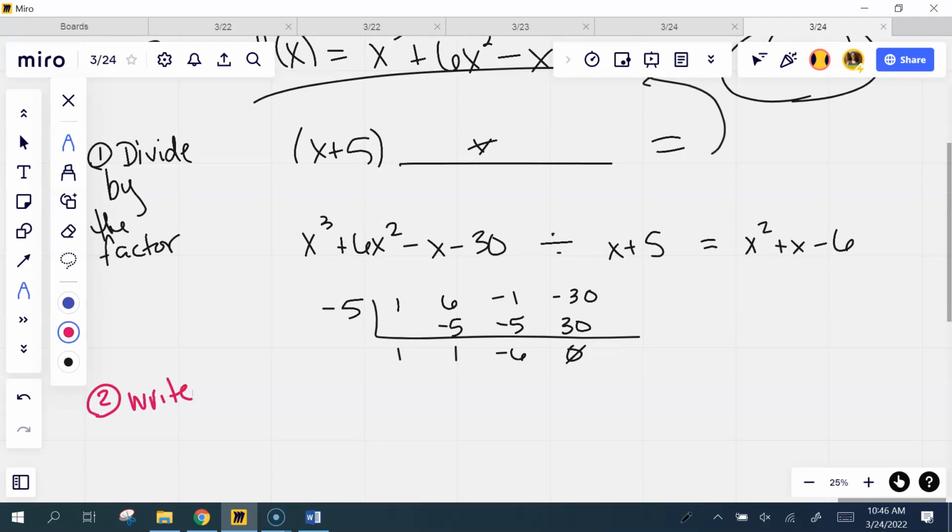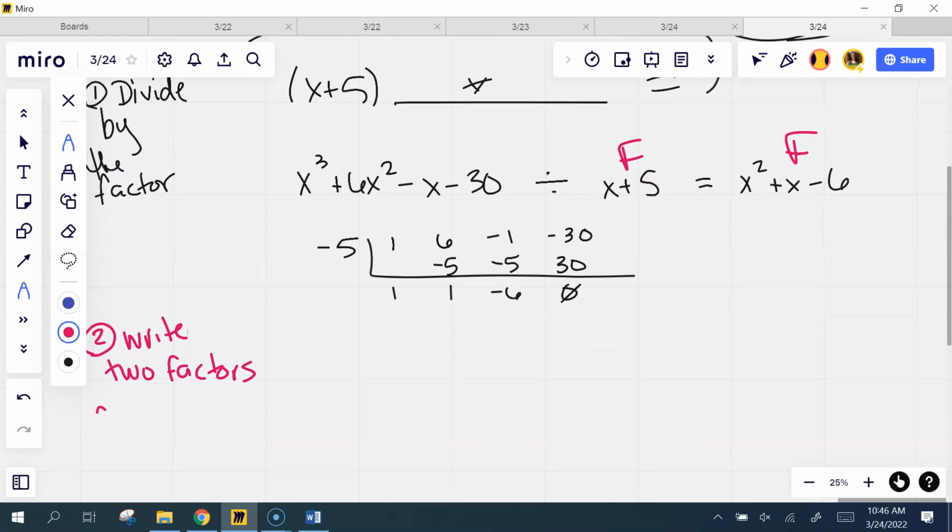Now I'm going to write the two factors because I have two factors now, right? This was a factor, and what I got when I divided was a factor. I'm going to write the two factors as a multiplication problem. That's this one and this one.